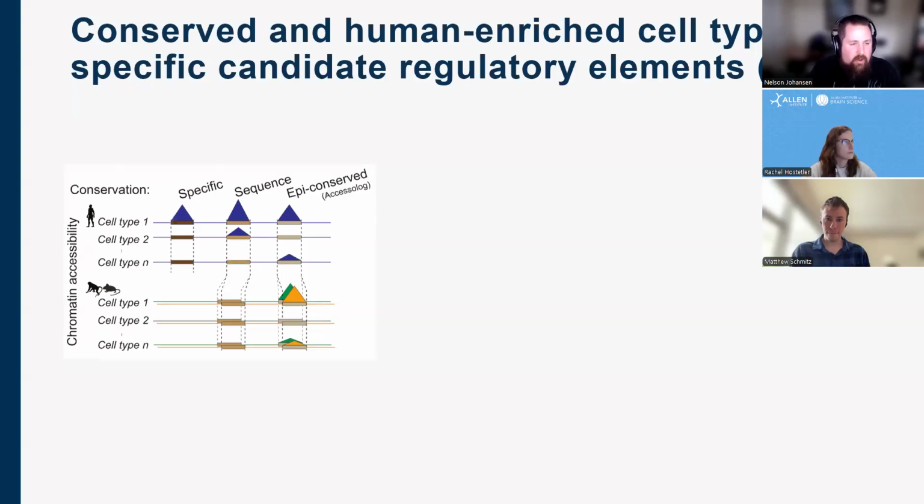So we looked at these peaks across species to try and figure out what parts of the DNA were uniquely open in human, what parts were conserved in their sequence, which you can lift over essentially across species, and then also what regions had conserved open chromatin across cell types. This is the most exciting place, I think, to see where multiple species are using the same piece of DNA, peak region, to drive expression of genes.